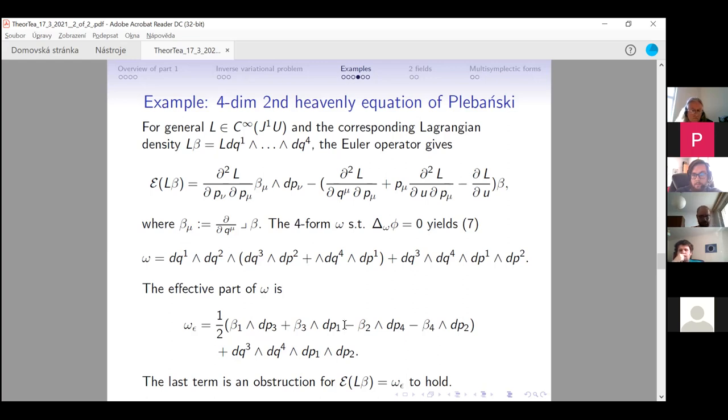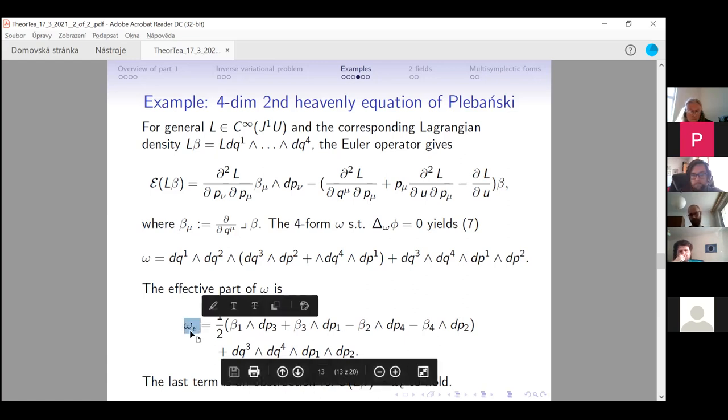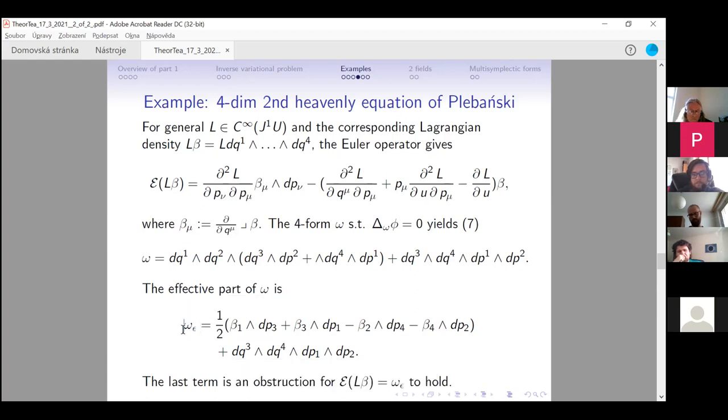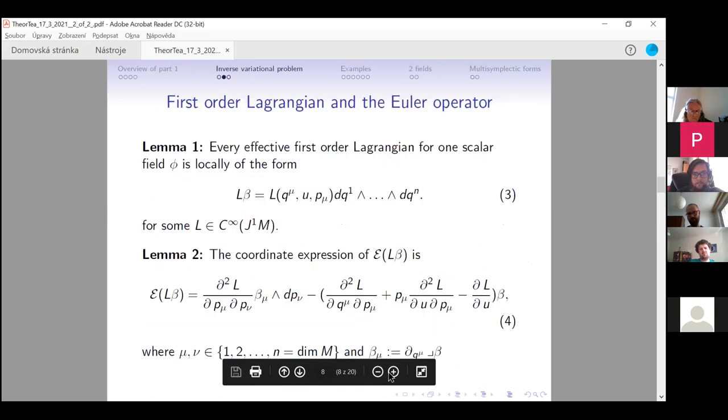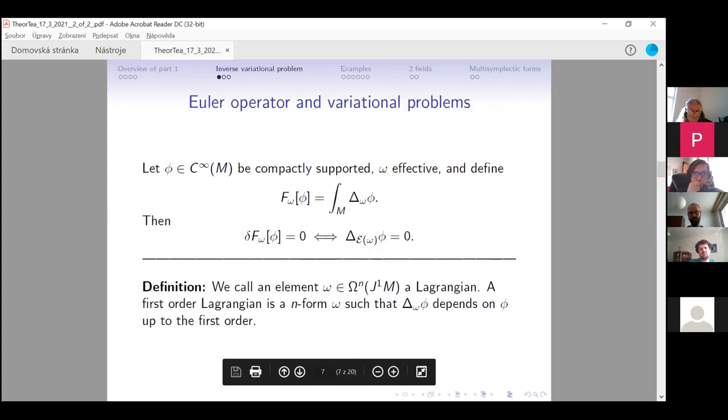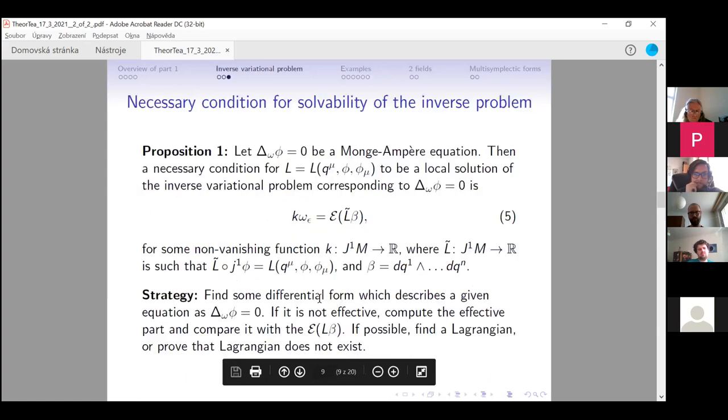Yeah, but this effective part of a given form is also a form on J1M. So in fact, the statement holds on J1M, or on the space of forms over J1M. Where do we have it? This here, this one. Right?